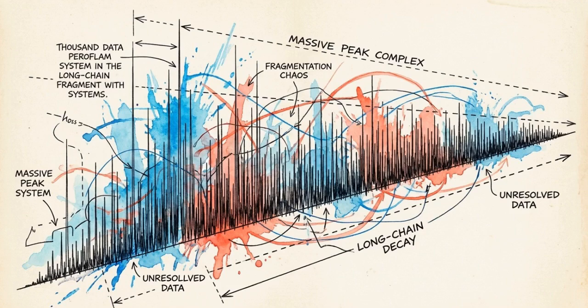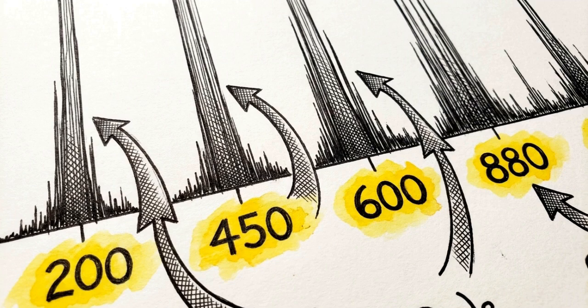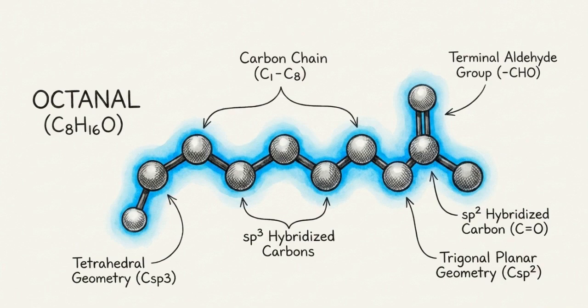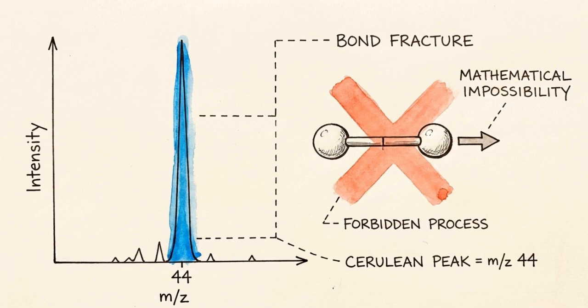While these basic rules map out a significant portion of a typical mass spectrum, they reach a strict limit. They completely fail to account for the massive, even mass anomalous peaks generated by long-chain systems. This returns us to the mystery of the octanol spectrum. We have a dominant, even mass peak at M/Z 44 that basic single-bond snapping cannot produce.